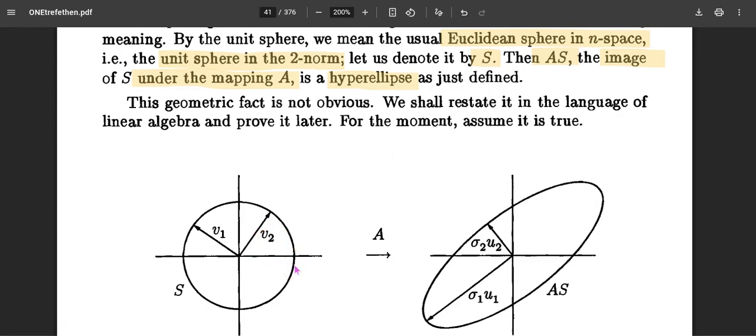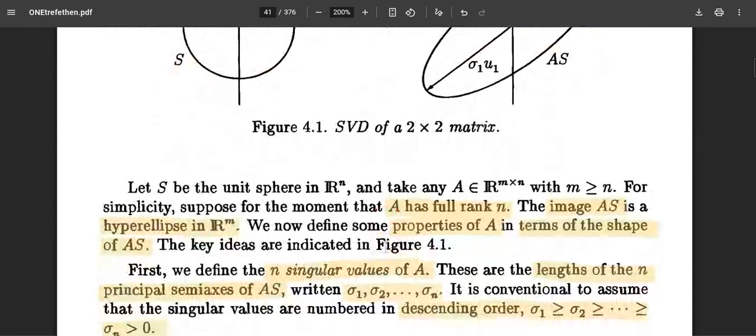Because of the action of the m × n matrix A, the resultant AS turns out to be a hyperellipse whose axes are defined by sigma 1 u1 to sigma n un at most. So this is the geometrical perspective.